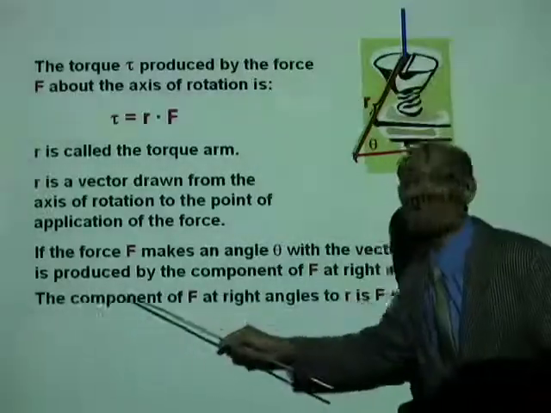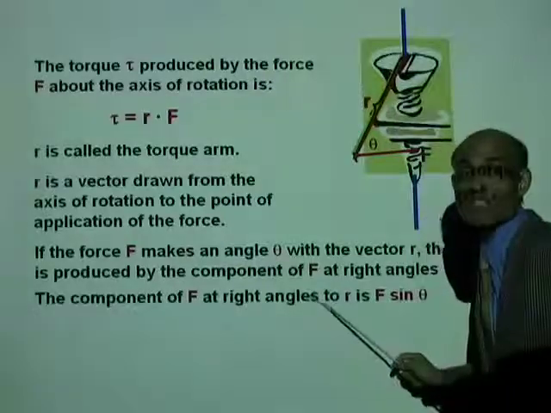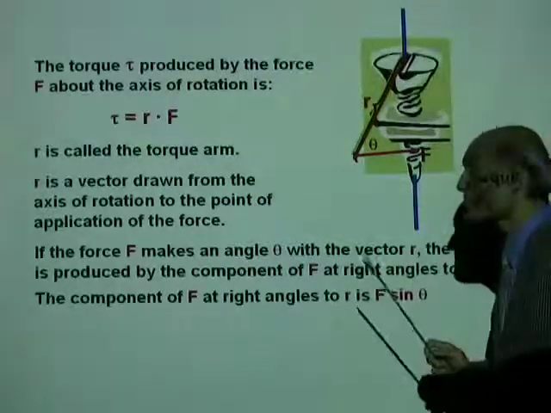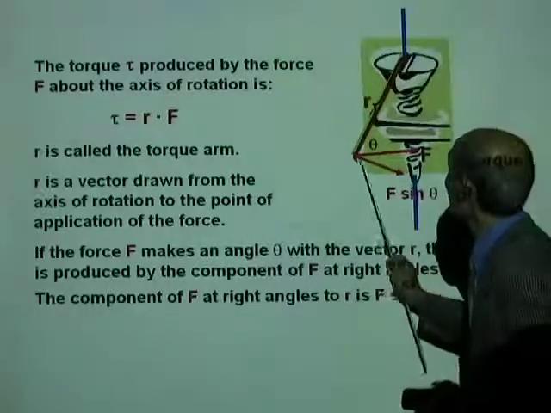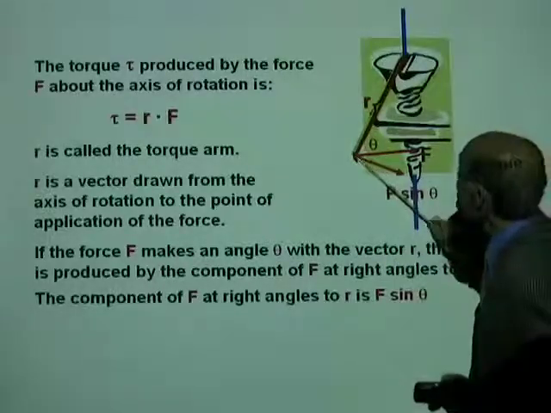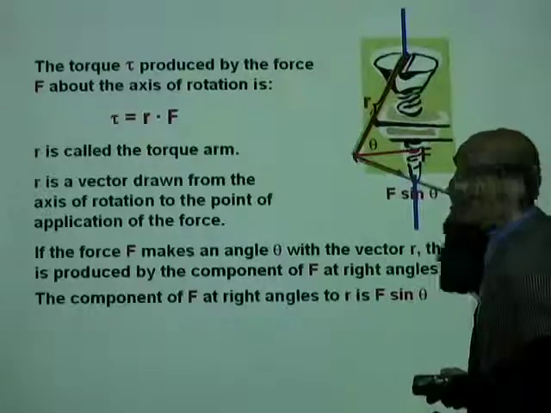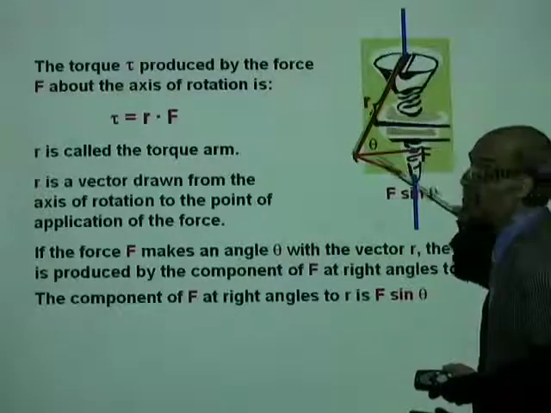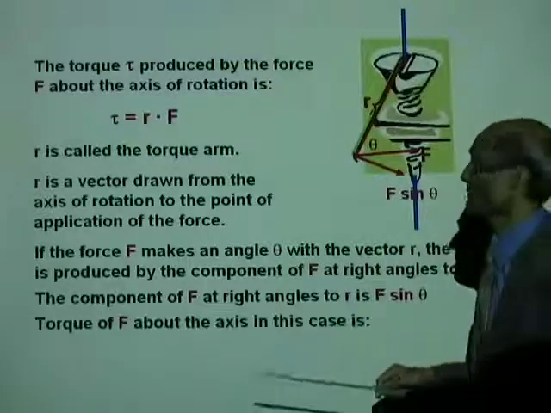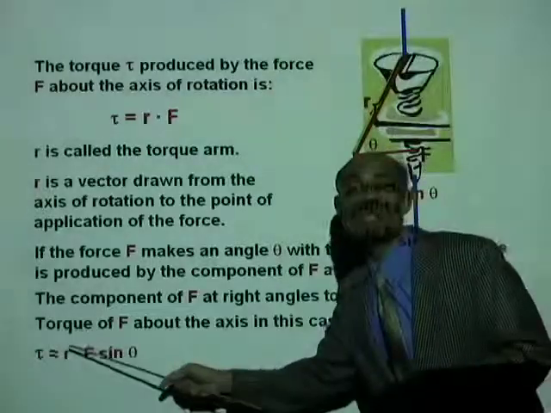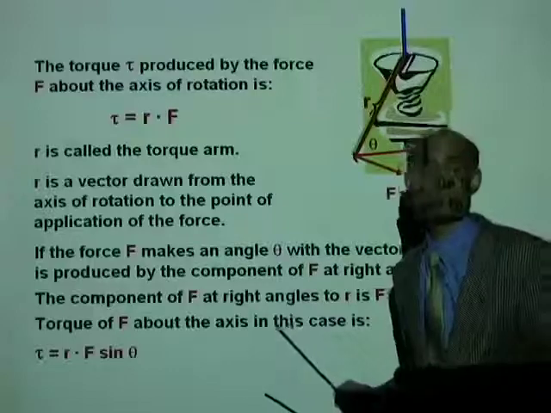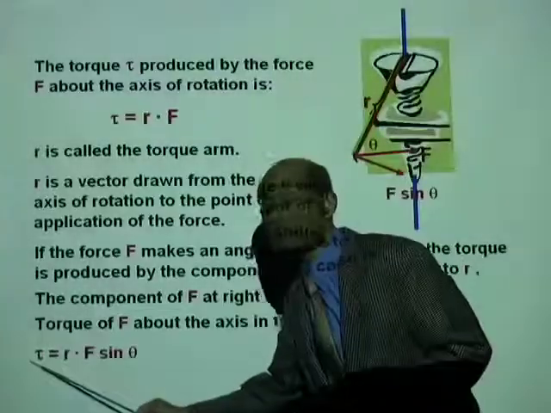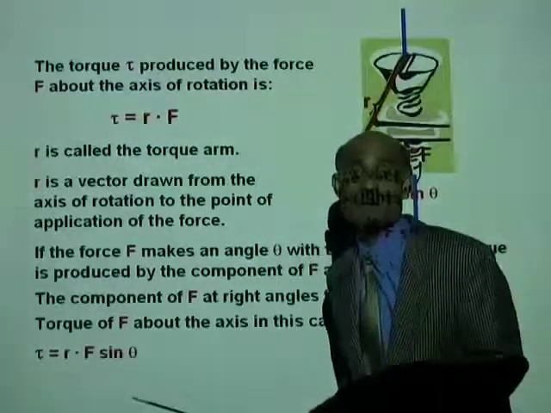Now the component of this force at right angles to r is F sine theta. That's right. That means the torque is now produced by this component of the force. So what is the torque now? The torque now is r times F sine theta. So this is a general equation you can remember.